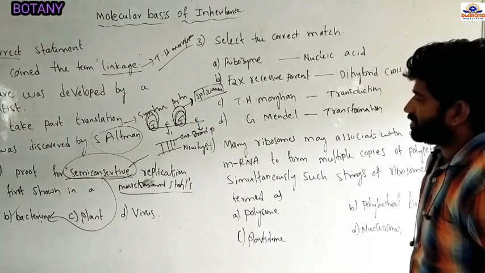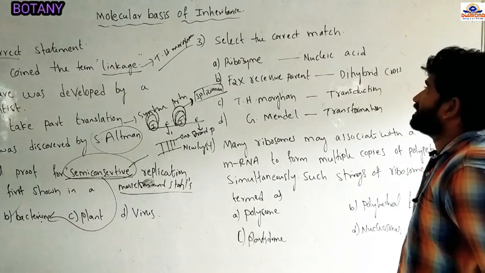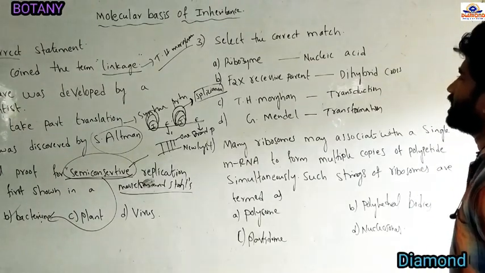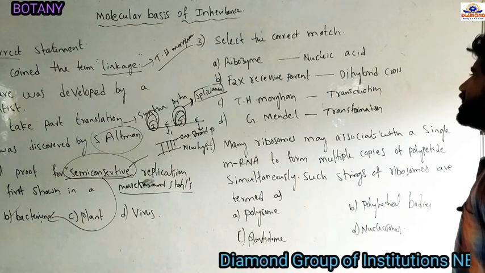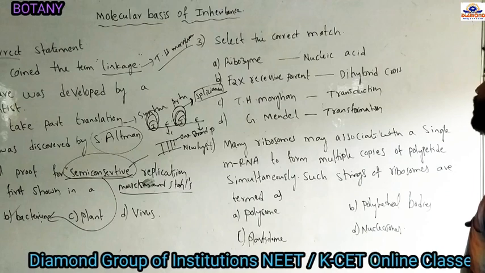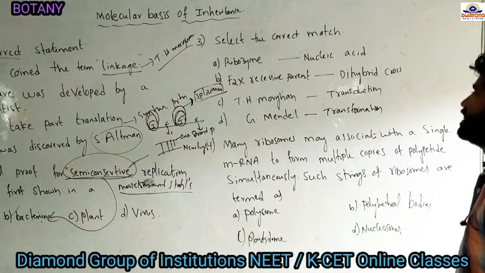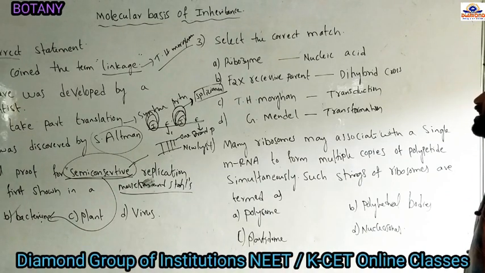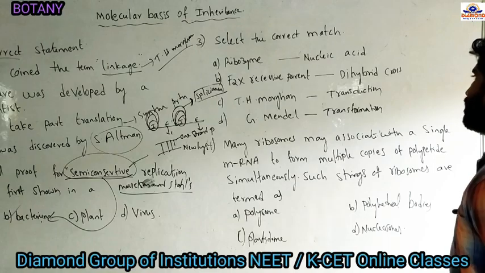And next question. Select the correct match. Option A, ribozyme, nucleic acids. Option B, F2 cross with the recessive parent, given as dihybrid cross. T.H. Morgan, transduction, and Mendel, transformation.